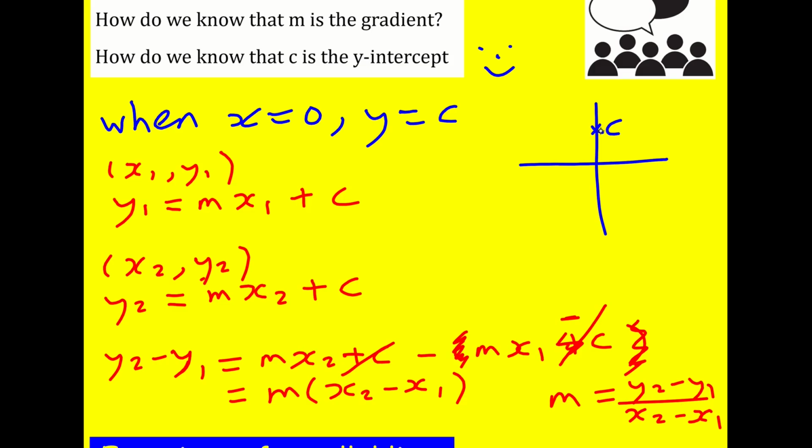If I now, I've got my c there. Okay, if I put 2 points on it, I don't know for sure that it's going to be a straight line at the moment. I've got x1, y1 here. I've got x2, y2 here. You can see that this distance here is going to be x2 minus x1.